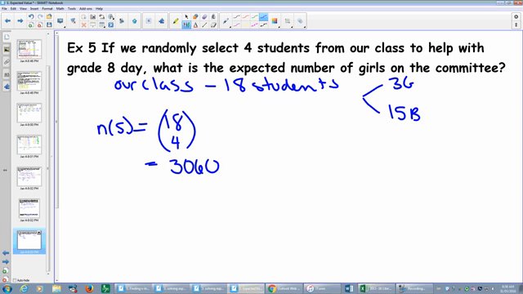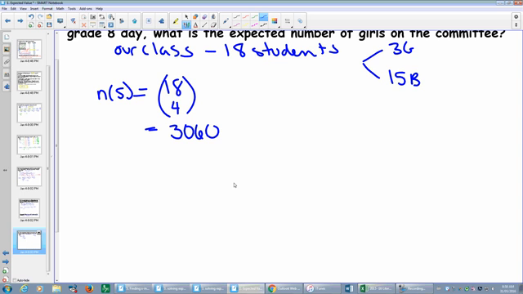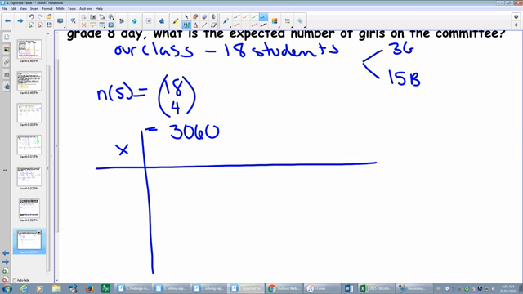Okay, now I have 3 girls here. What is the expected number of girls on the committee? I'm going to make my chart a little differently. I'm going to have X, then the numerator, and then the probability of that actually happening.